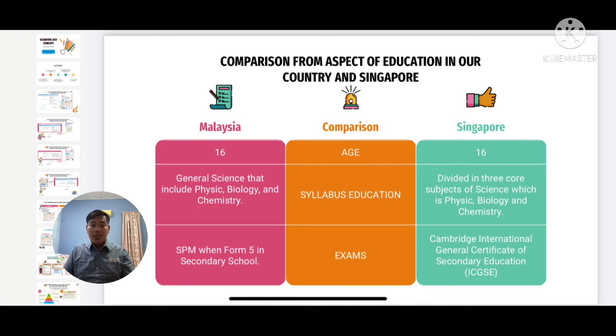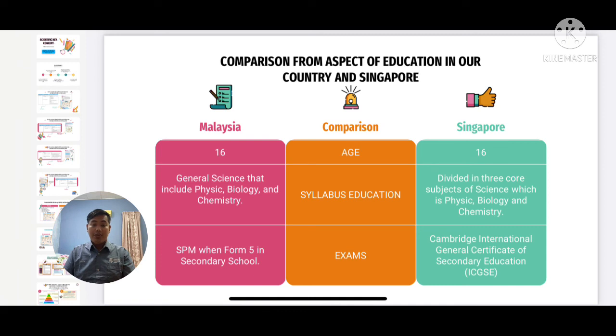In our country, when students reach 16 years old, they have the choice to continue studying general science that includes biology, chemistry, and physics. Meanwhile, students in Singapore are divided into 3 core subjects of science, which are biology, chemistry, and physics.